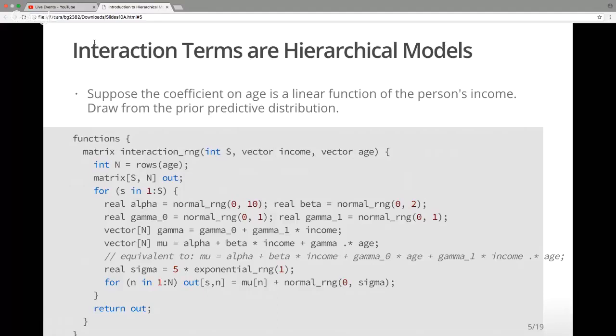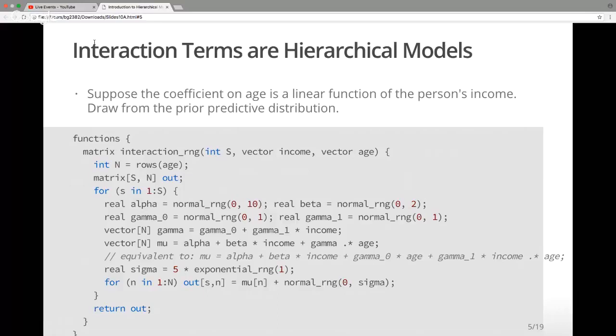But if you just look at this and do basic scalar algebra with just the distributive law, you can see that a particular person's mu is just alpha plus beta times income, and then you stick this whole expression in for gamma there and distribute age across, you get gamma 0 times age plus gamma 1 times income, element-wise multiplied by age.